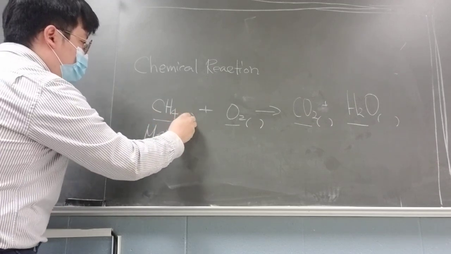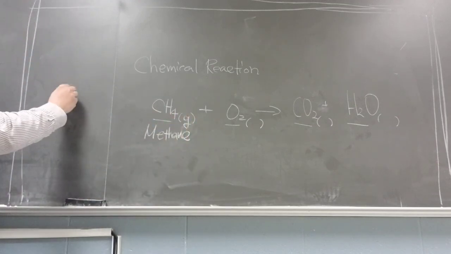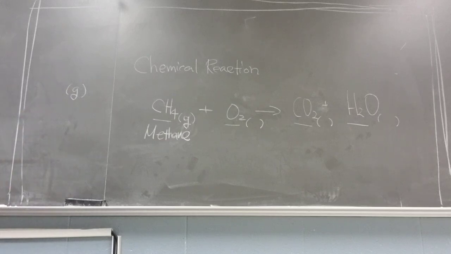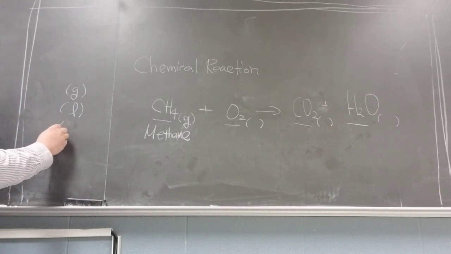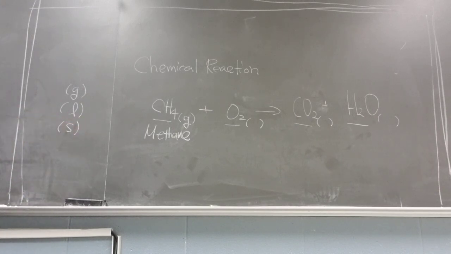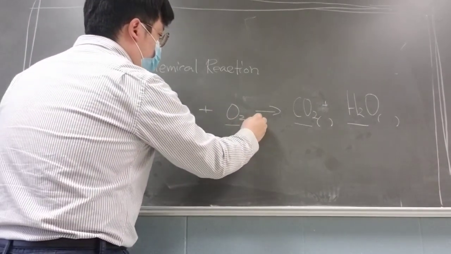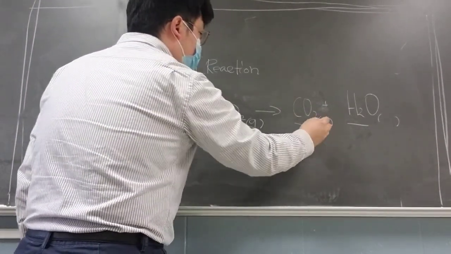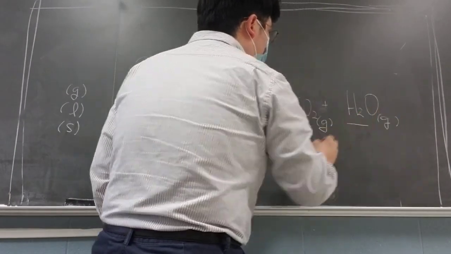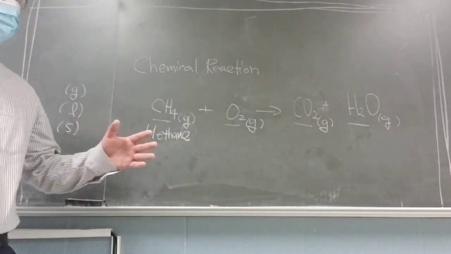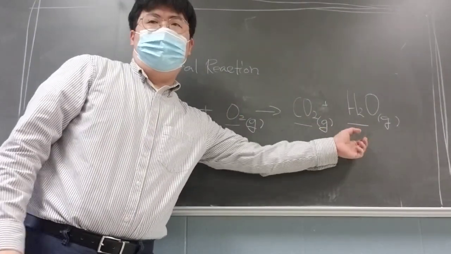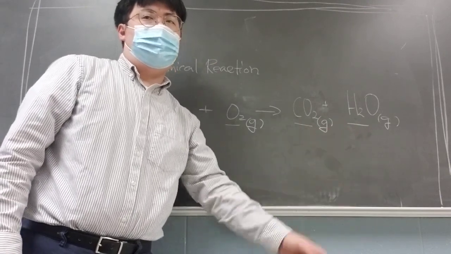For the gas phase, we put G. If it's a liquid, we just put L. If it's in the solid phase, we put S. So you normally see those to indicate what physical status it has when we did the chemical reaction, and what phase of matter it was in as a product as well.